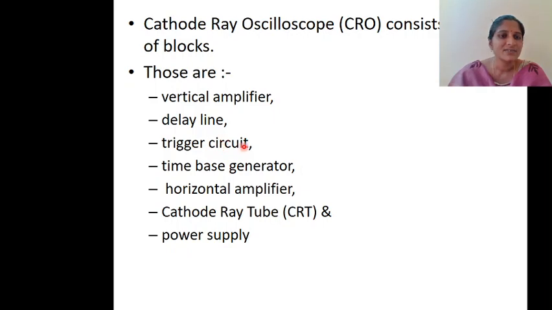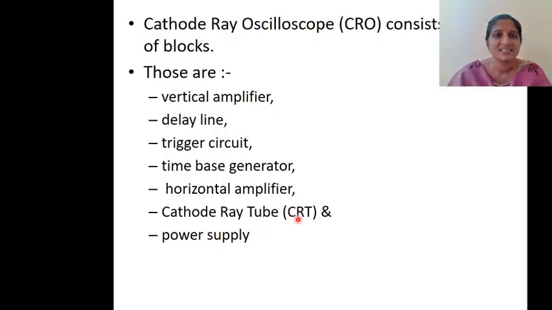Next, the trigger circuit is used to synchronize the vertically amplified signal and the horizontally amplified signal. Next, the time base generator is used to generate the sawtooth waveform. Next, the horizontal amplifier is used to improve the deflection sensitivity of the weak signal.